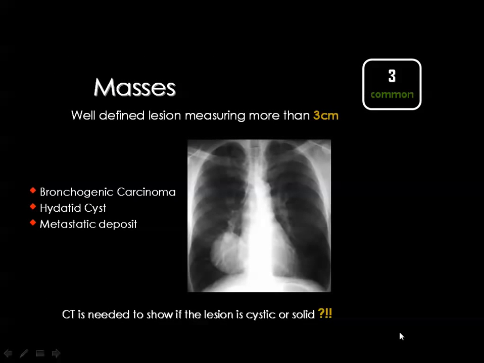Then we finish about the nodules, and the question is, ask yourself, is there any nodule in the lung in the clinical practice that is common, so as to be seen once per year during your clinical practice?